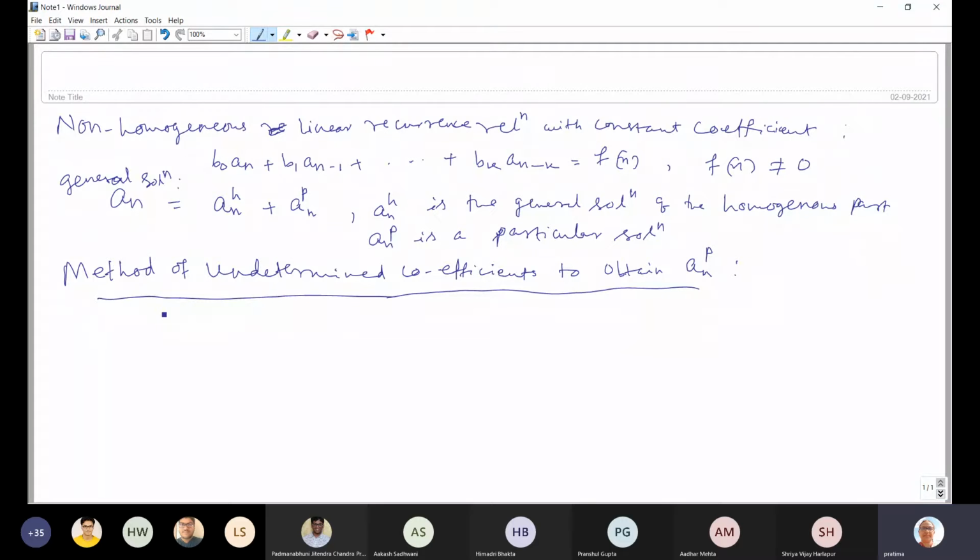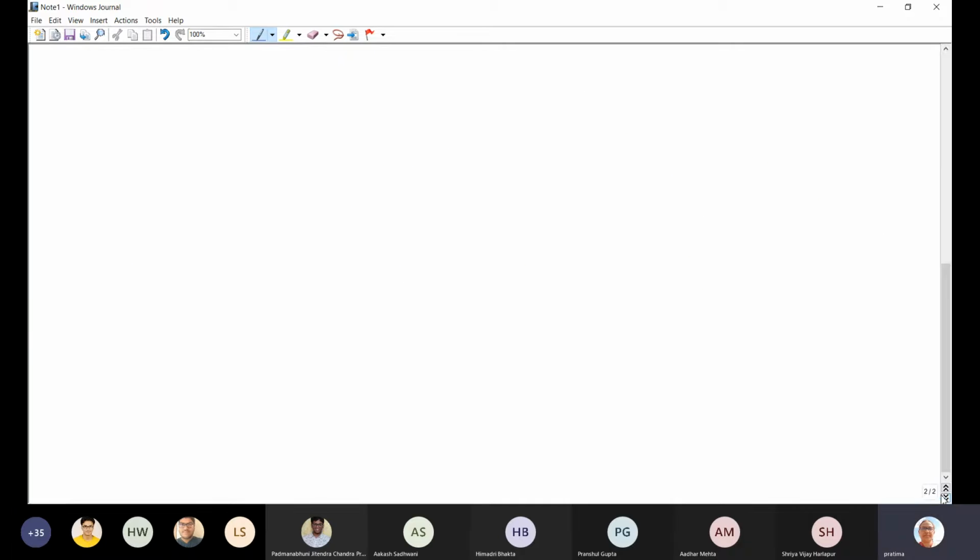I'll write some of them, and we'll deal with these kinds of functions f(n) only. Let me go to the next page.